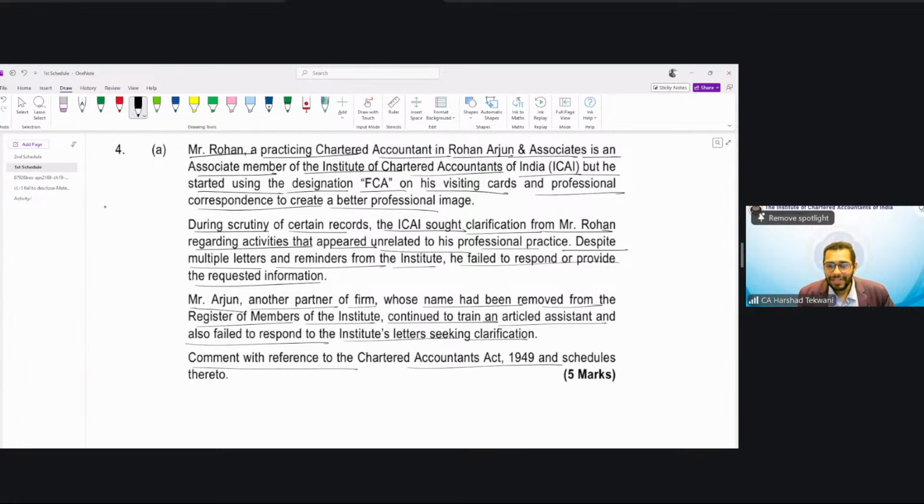Comment with reference to the CA Act and schedules thereto. A very interesting question, because a few different things are happening in this particular question. We need to understand what is happening, and accordingly we need to answer. So tell me, what do you think? Which clause will be applicable? Whether they will be held guilty of professional misconduct, other misconduct.